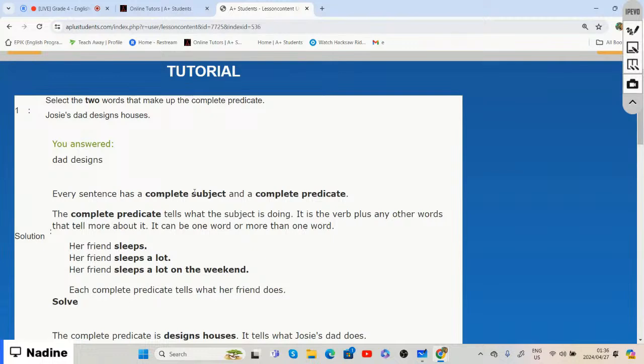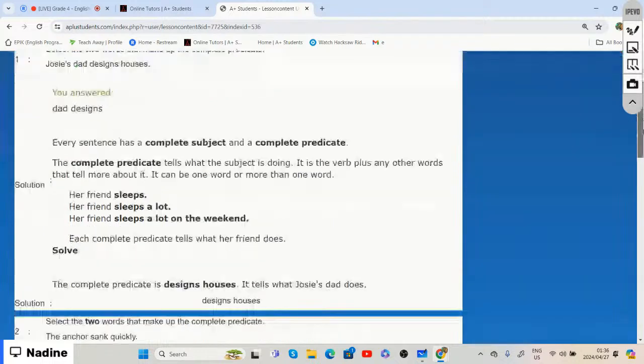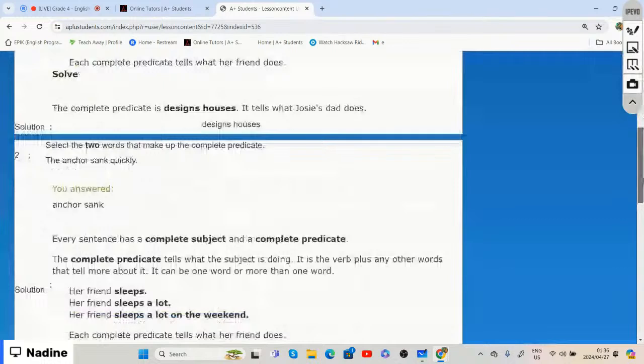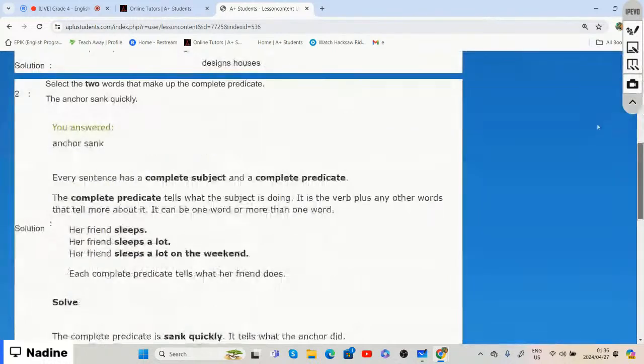So basically, designs houses is our predicate. A predicate is like a verb, and every other word that goes with that verb.